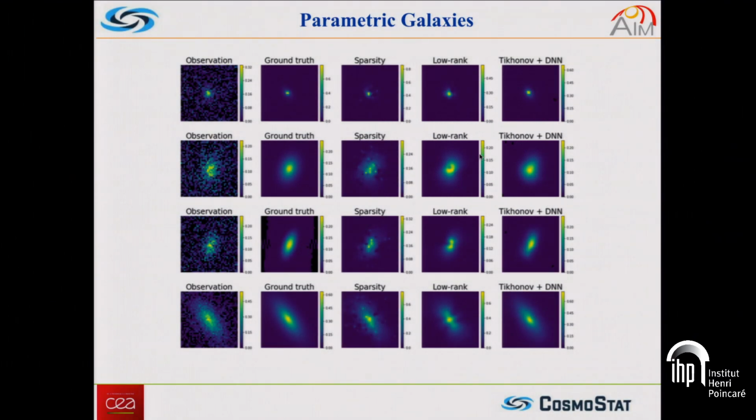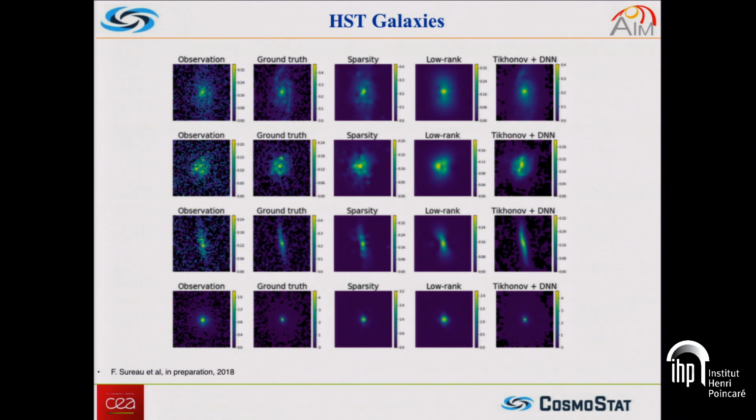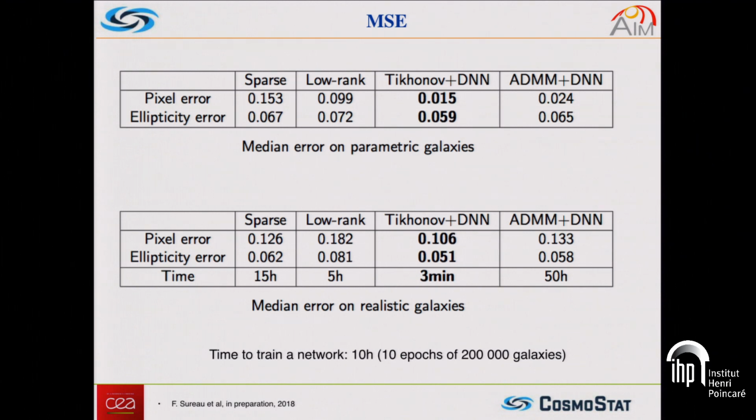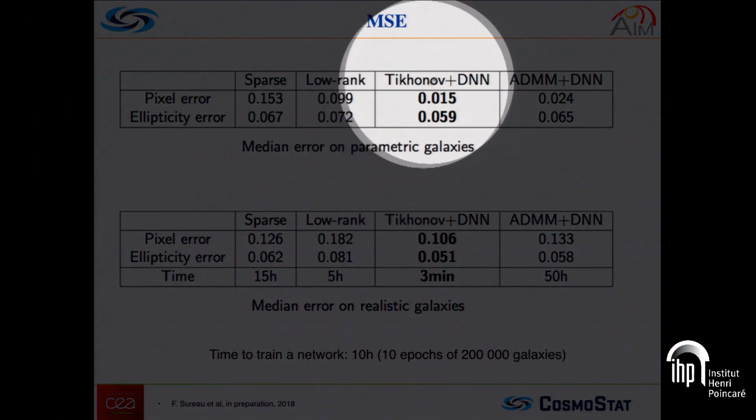You can see that the quality of the images is very nice. And this is another one with real galaxies this time. The first one was a model galaxy. And again, the Tikhonet technique was working quite well. And if you look at the numbers, in terms of mean square error, it provides better results.